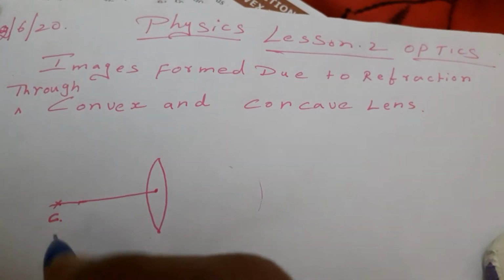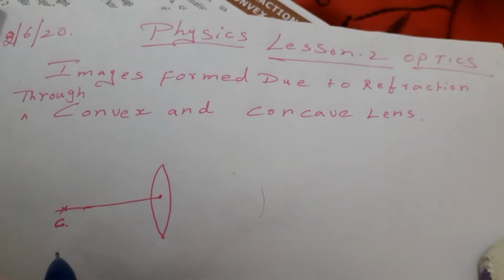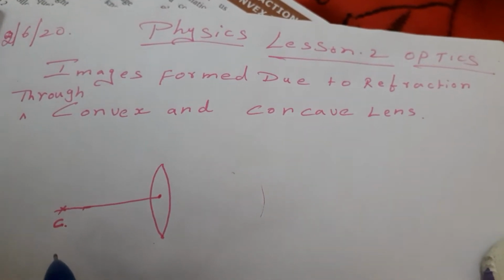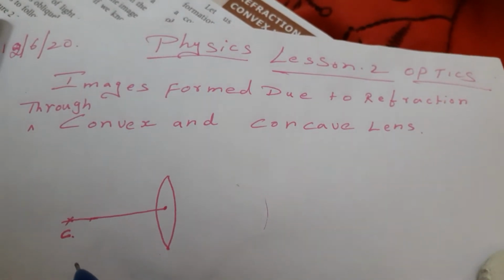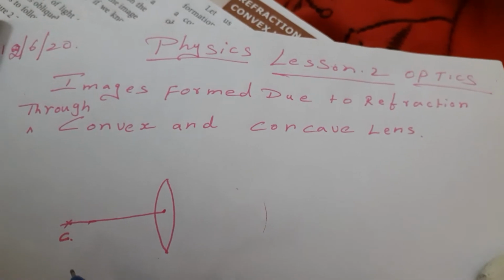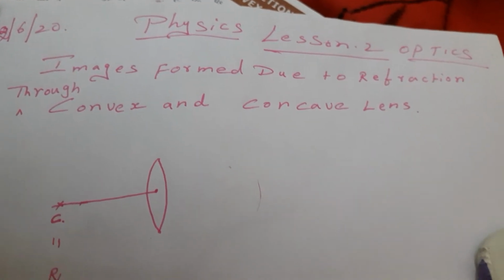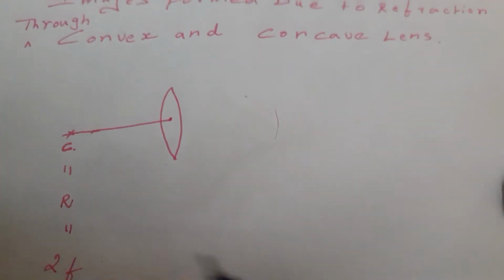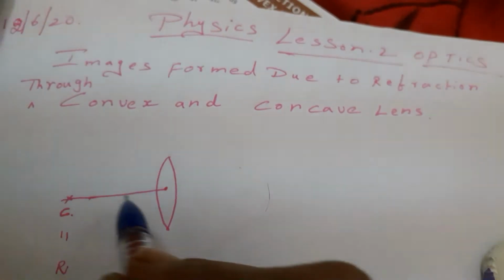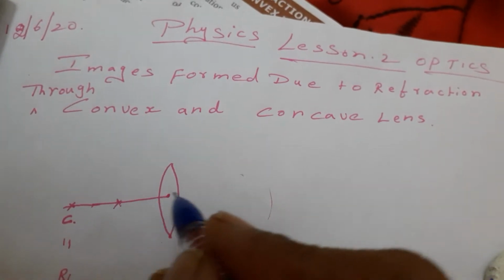This center of curvature, R, is always equal to 2 times f. Then the point where the image will be focused is called the focal point.